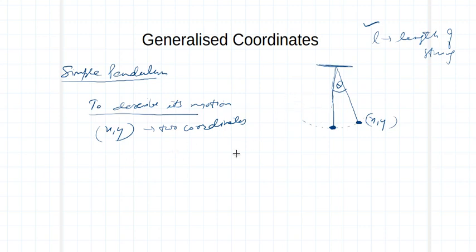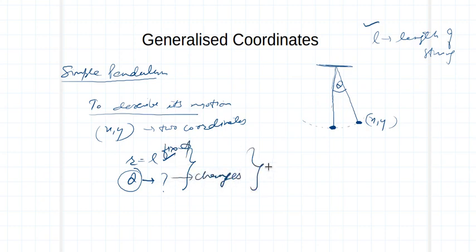If I call r equal to L, and another thing is theta. So this thing will remain the same, but theta keeps on changing when x and y change. This is fixed, and this changes with the change in x and y.